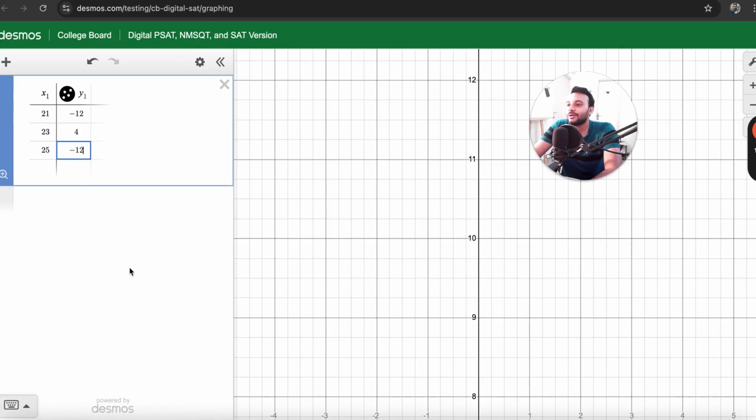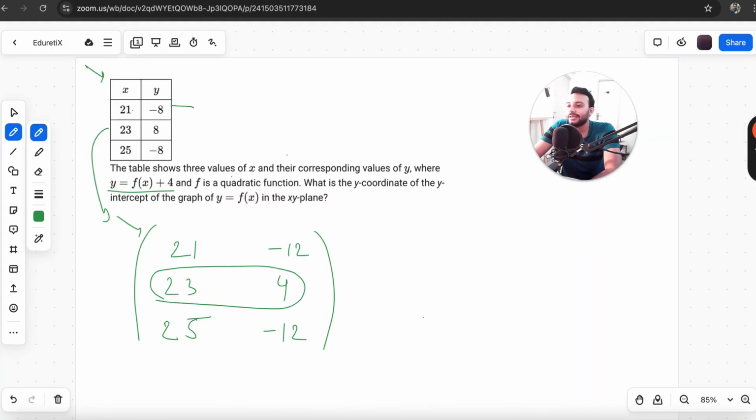Now this parabola is one which is opening downward, as we can see. 3 values of x are given. They just want to ask the y-intercept of this y is equal to f of x. So let's directly plot y is equal to f of x. How do we do that?